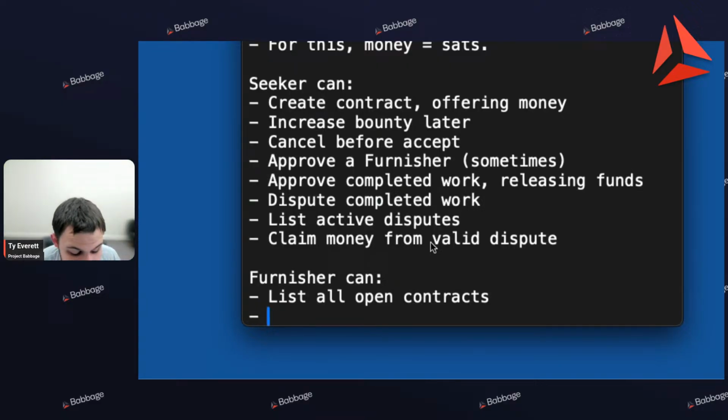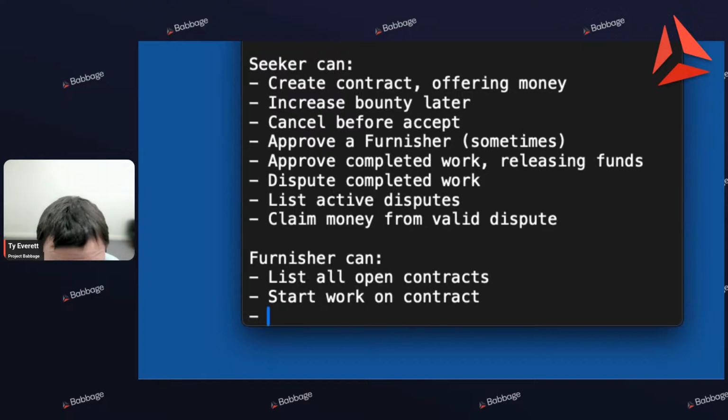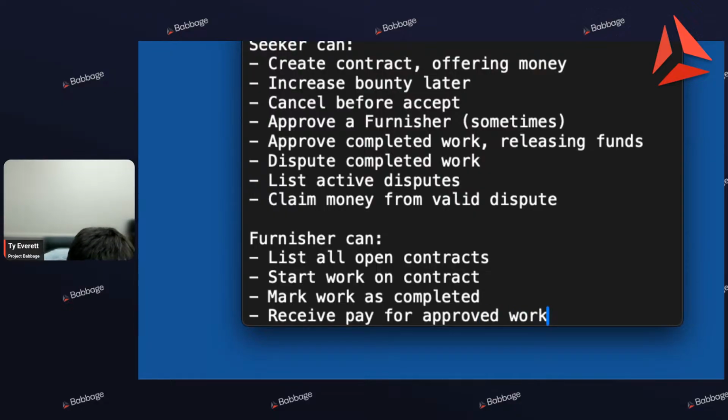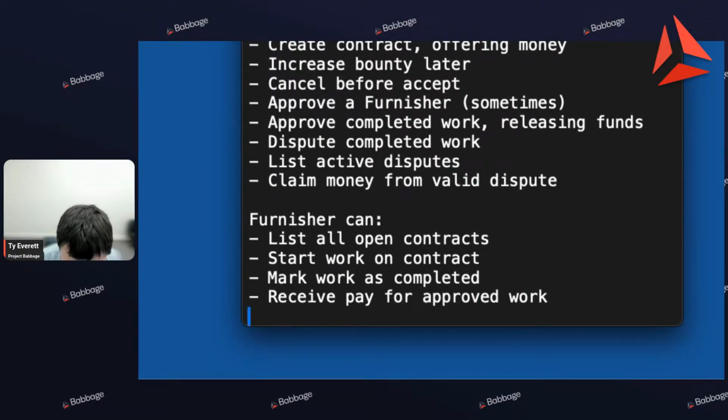Obviously, I can list contracts. I can, if it's approved, start work on a contract. Mark work is completed. Receive pay for approved work.